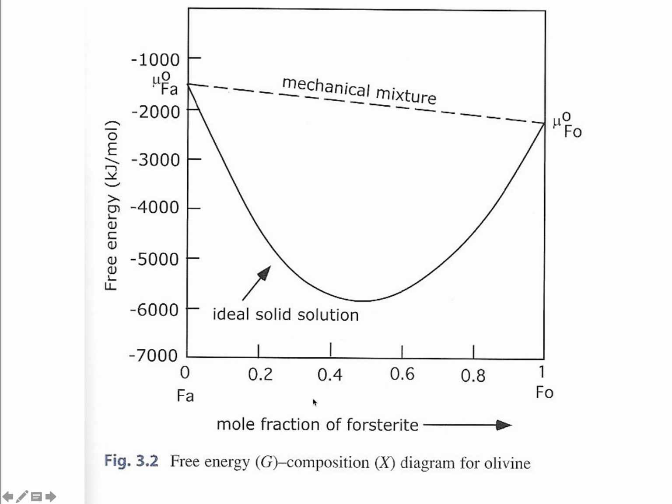And then around this line we have the change between iron and magnesium, that is the Fe-Mg exchange, and here the behavior of the free energy. And the mechanical mixture is just a straight line.